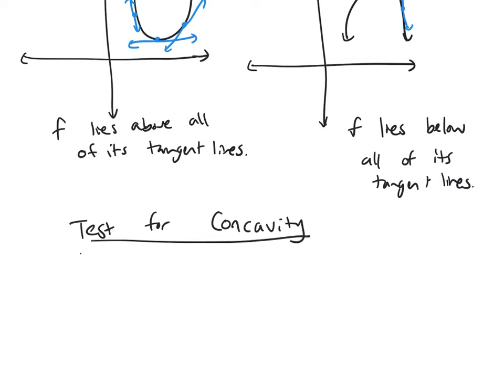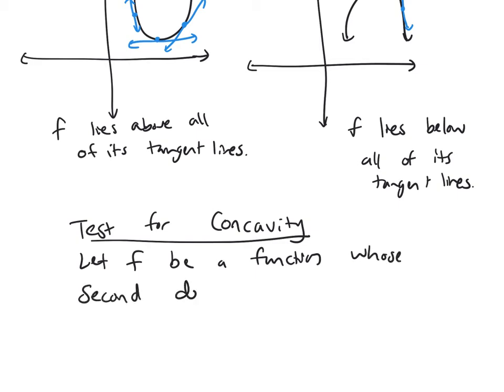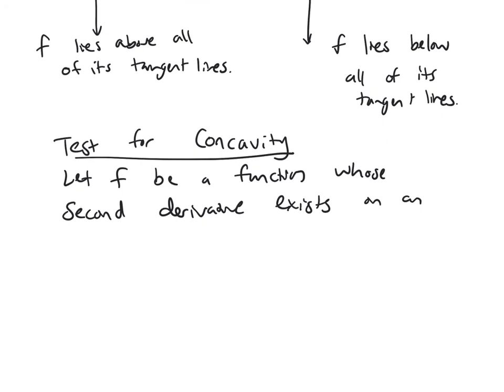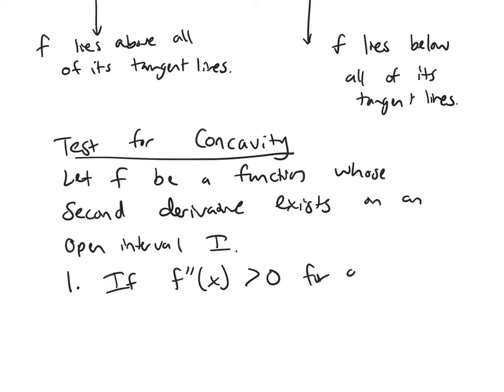So we're going to suppose f is a function whose second derivative exists on an open interval I, and if the second derivative is bigger than 0, then the graph is going to be concave up.